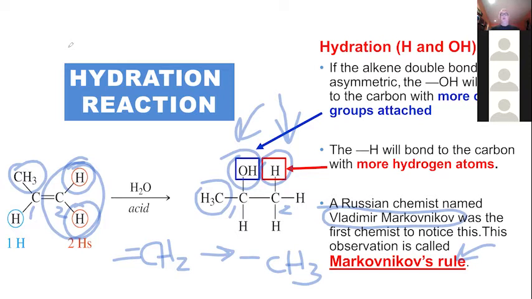If the other carbon doesn't have any carbons attached to it, if it's just all hydrogens too, then it's completely random. But if this has a methyl group or an ethyl group or a propyl group or two methyl groups attached to it, that is where the hydroxyl group, the OH, is going to go. So any questions about good old Markovnikov?